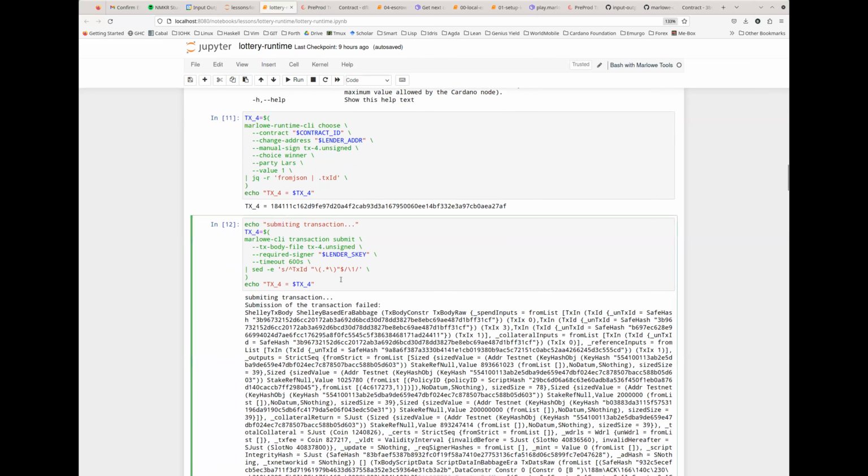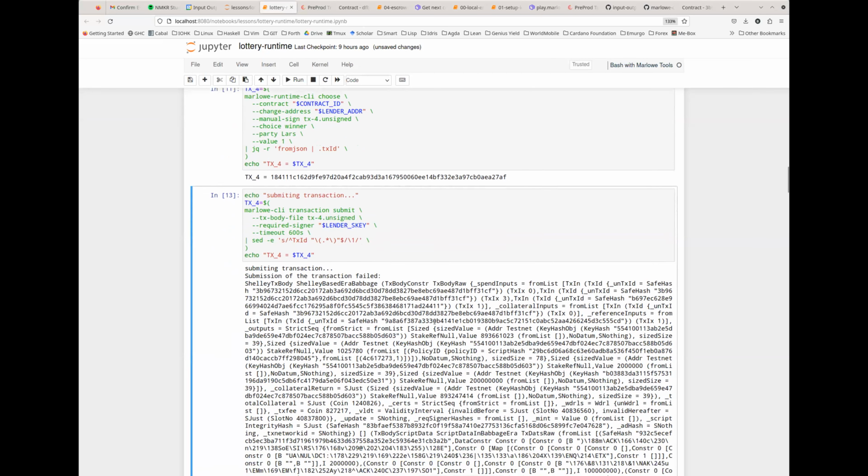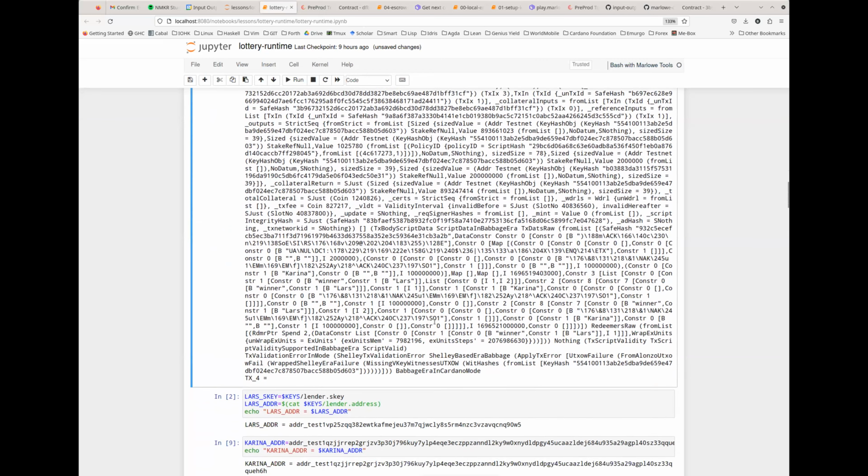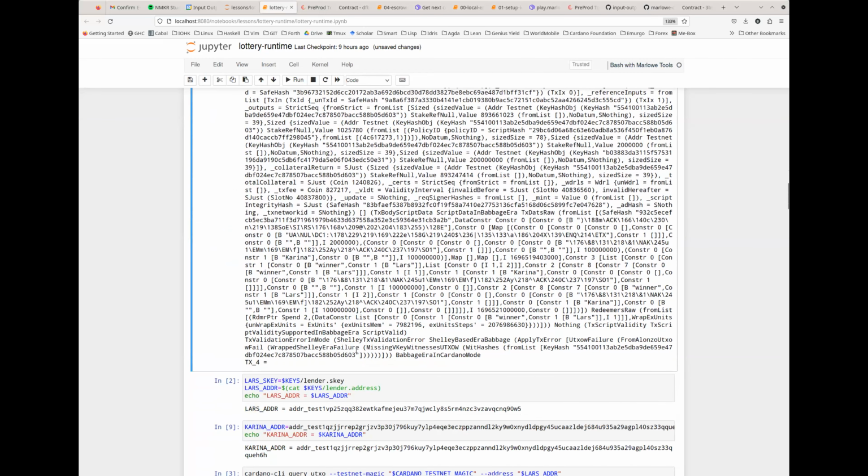Just try it again. Okay, this says it's an error. Validation error. Missing key witness. That sounds as if somebody that needs to sign hasn't signed. 603, the key hash.